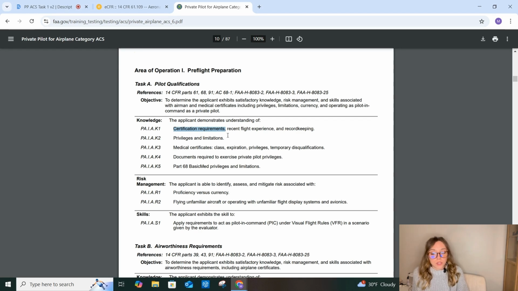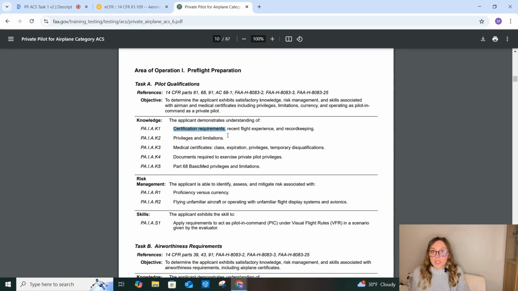If you carry passengers during the day, you need to make sure that within the preceding 90 days, you make 3 takeoffs and landings of the same class, category, type aircraft. If you're carrying passengers at night, here the definition of night is 1 hour after sunset and 1 hour before sunrise. You need to make sure that you make those 3 takeoffs and landings to a full stop.